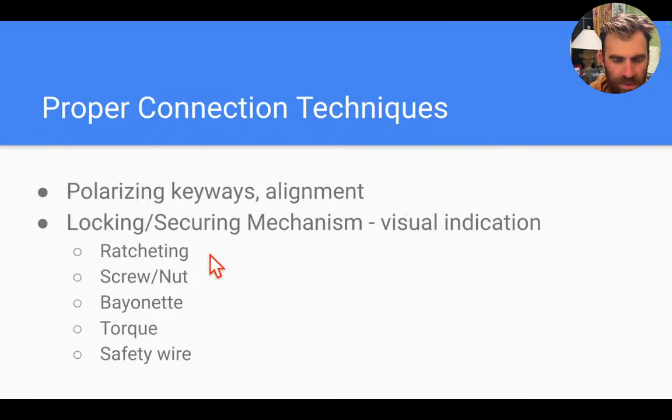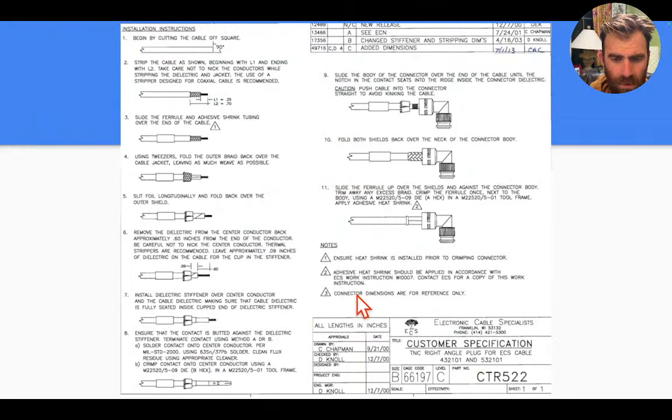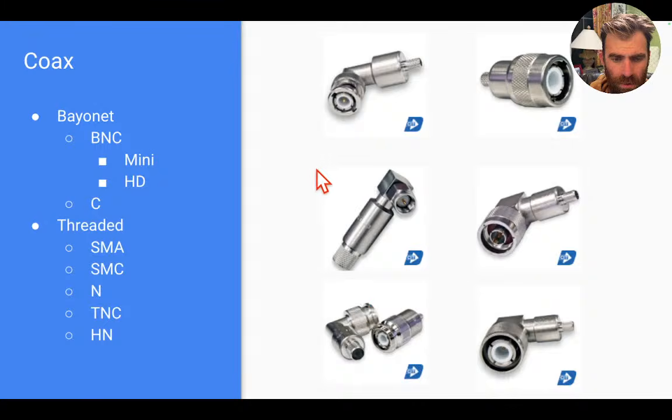And then we talked about the different types of locking and securing mechanisms. Some connectors can also be torqued, like our SMA connector here, for example. Connectors that are threaded can sometimes have a torque associated with them, so that you're not over or under tightening them.